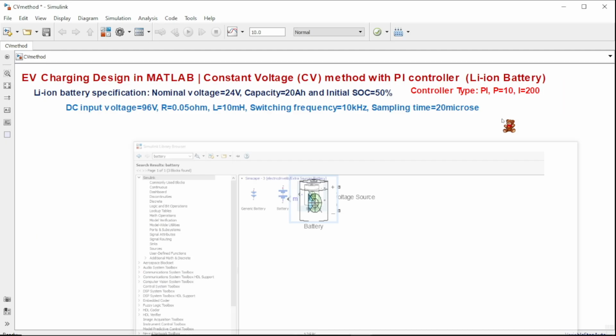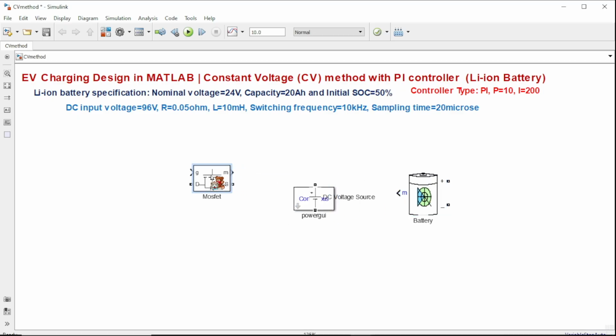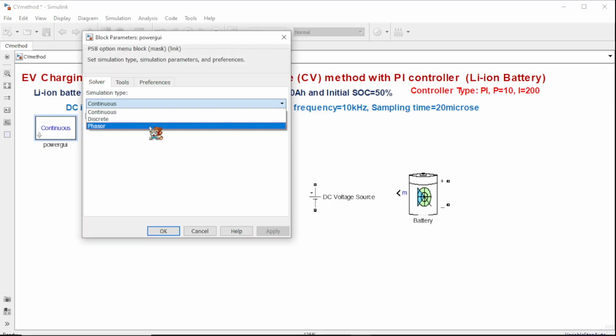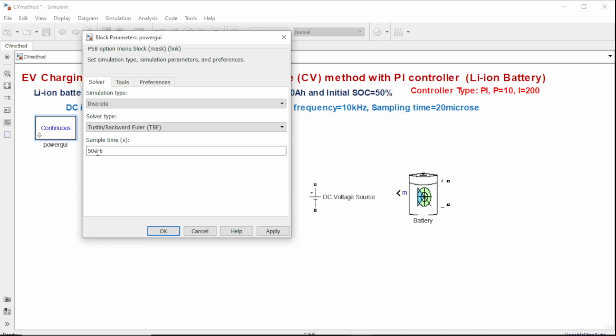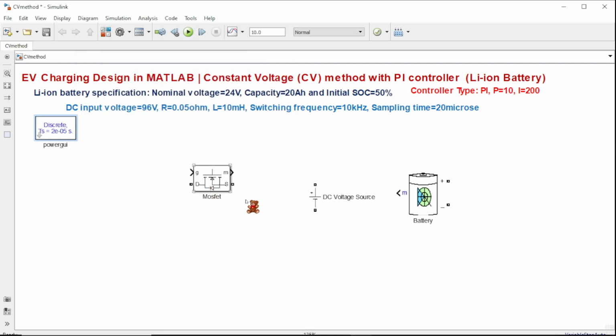So here you can see I am taking the power GUI as a discrete. So it is discrete and its sampling time is 20 milliseconds. Now this is the DC voltage source.